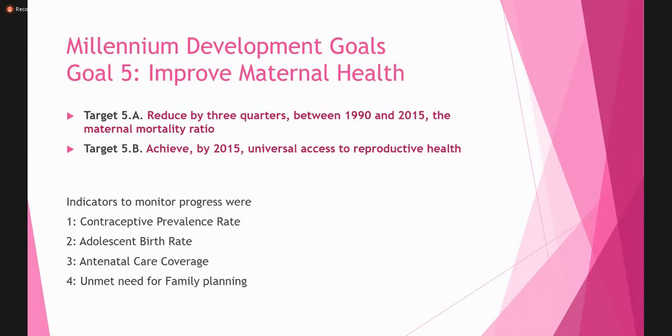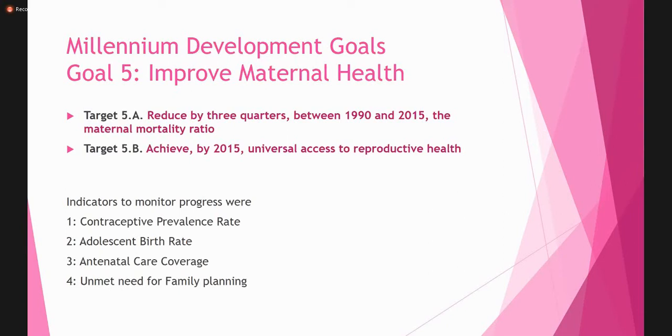The Millennium Development Goals. Target 5A was to reduce maternal mortality by three quarters between 1990 and 2015. And target 5B was to achieve by 2015 universal access to reproductive health, that every woman must have access to reproductive health.